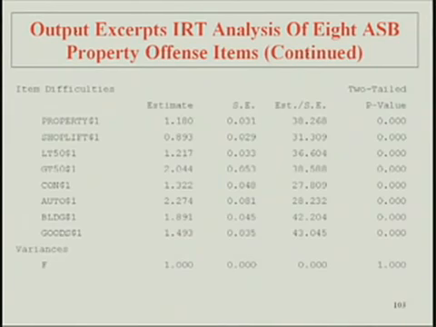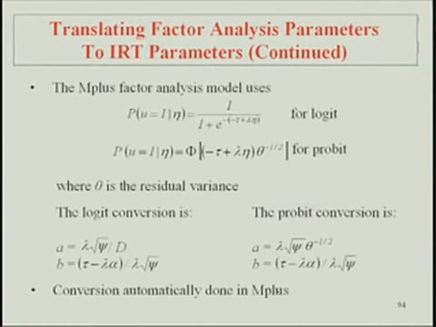These are using the translations that Bengt showed on page 94. Let me just bring that back to show you. Down here in the bottom left corner is the logit conversion. So A is equal to what you see on the right, and B. This is the conversion that we do automatically for you in Mplus if you have a single factor model and categorical outcomes.